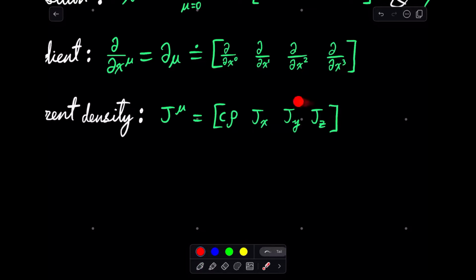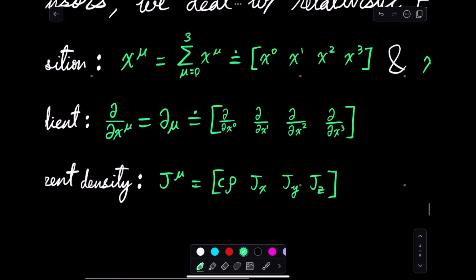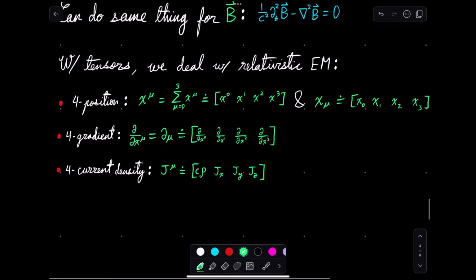Right here, these are just the current densities that you would find from the traditional vector. But now it's all encoded in this. And let me put this dot there.